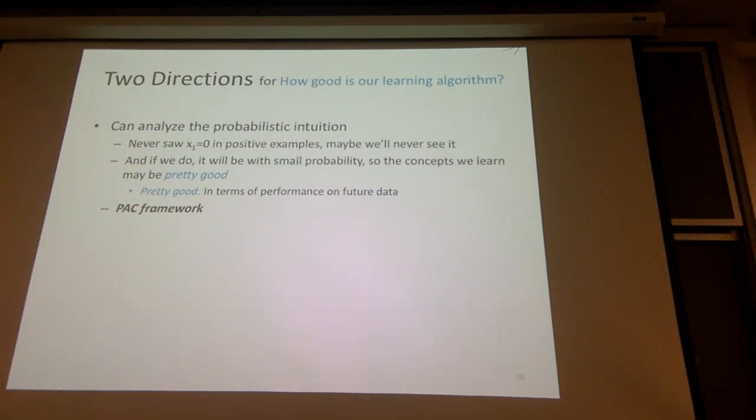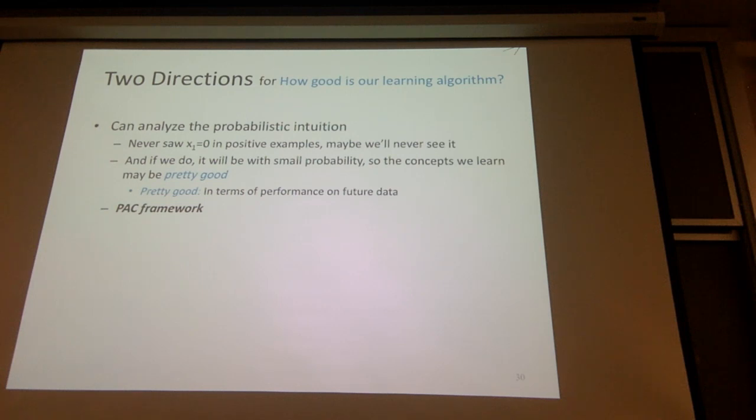In order to ask ourselves how good is our learning algorithm, there are a few different directions. We can analyze the following probabilistic intuition. It just so happened we exhausted our budget for collecting data, and we never saw x1 equals 0 with any positive examples.